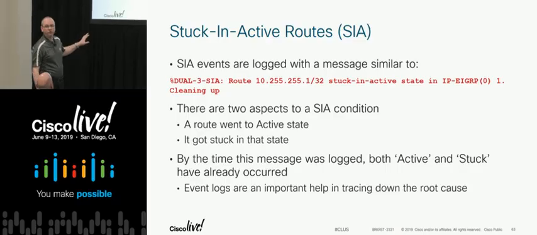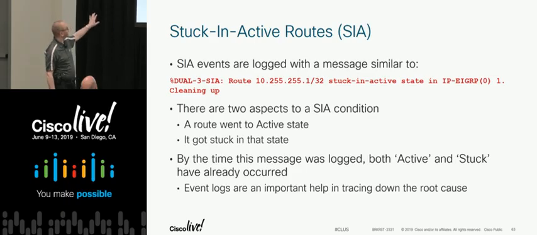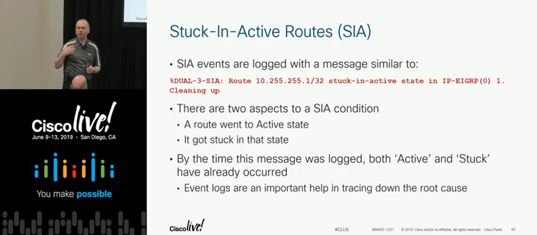The SIA conditions, stuck inactive conditions, typically manifest themselves like this. They say a route has been found stuck inactive, and now quite an unpleasant thing happens because we reset the adjacency to the neighbor fully, which ironically may put even more instability into the network, so it actually can aggravate the situation.